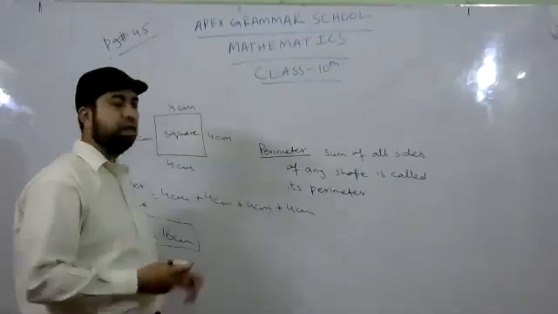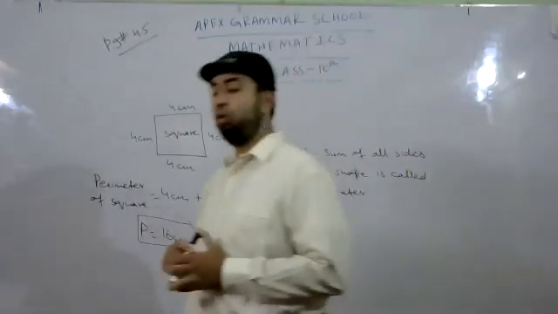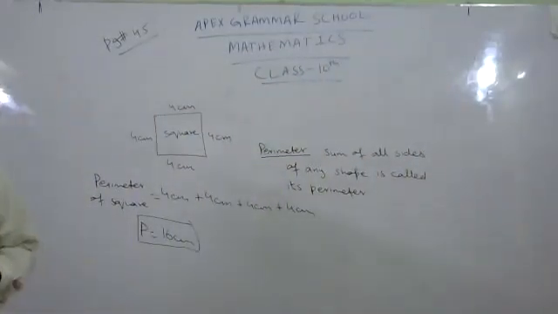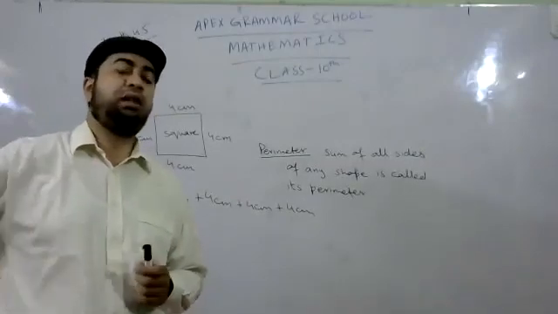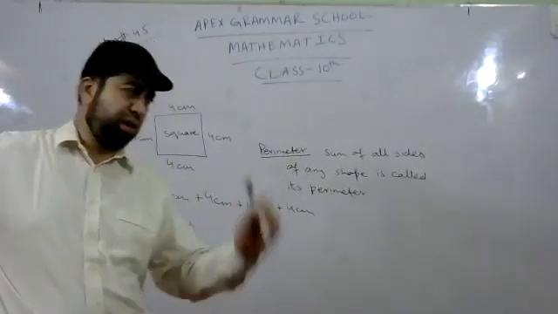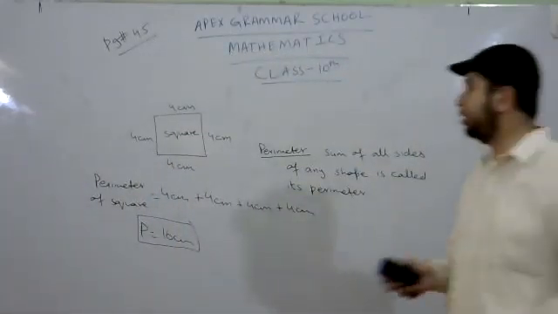And that's it. This was only an example of what perimeter is. I hope you can easily understand. It is the sum of all sides of any shape. This shape can be a rectangle, a parallelogram or whatever. So now we can easily solve question number 10.